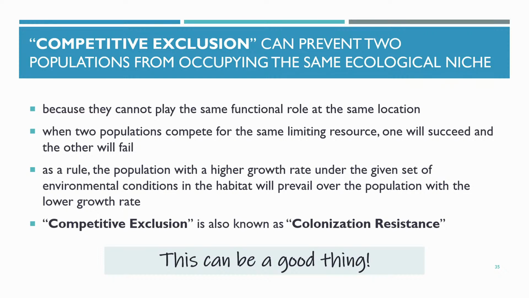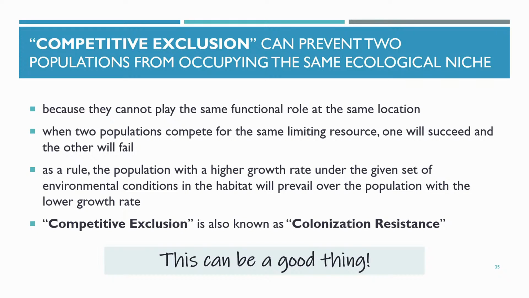Right. So competitive exclusion can prevent two populations from occupying the same ecological niche. That's because they both can't play the same functional role at the same location at the same time. When two populations are competing for the same limiting resource, one will succeed and the other one will fail.